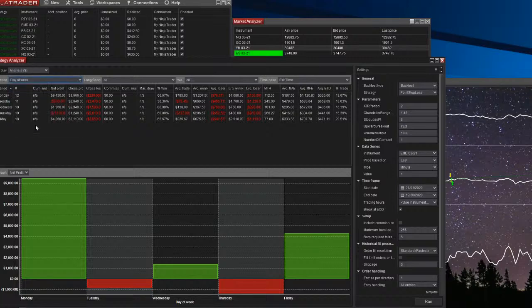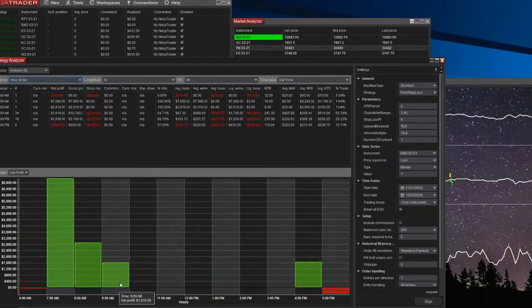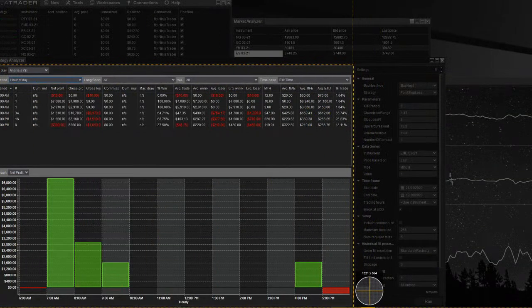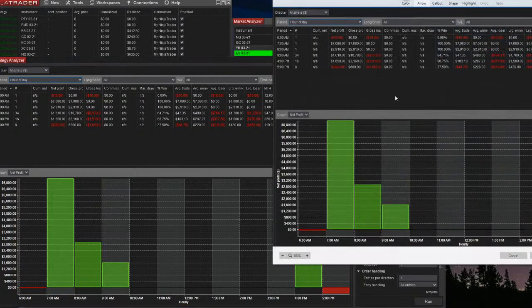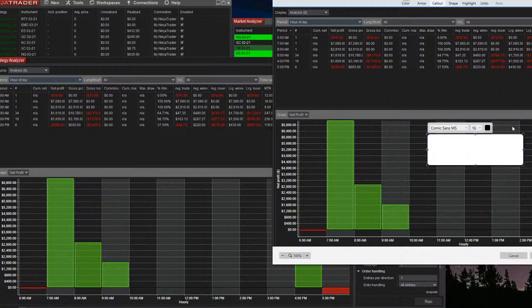Let's do it by hour. 7 to 10. Monday and then 7 to 10. Best time to trade, 7 to 10. The best day of the week, Monday. Okay, cool.